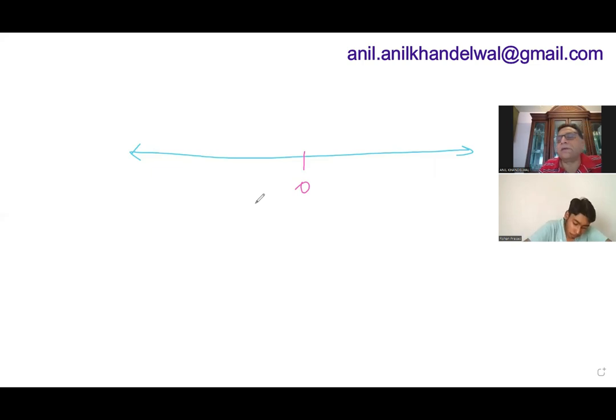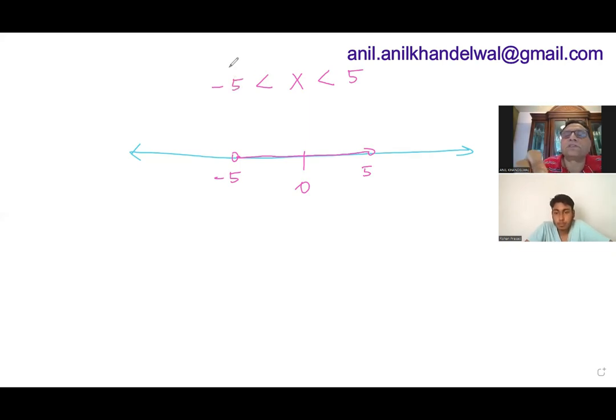Let us say we have a question where the value of x is between minus 5 and plus 5. What I'm trying to say is that x is less than 5 and greater than minus 5. How do we write this as an absolute value inequality?